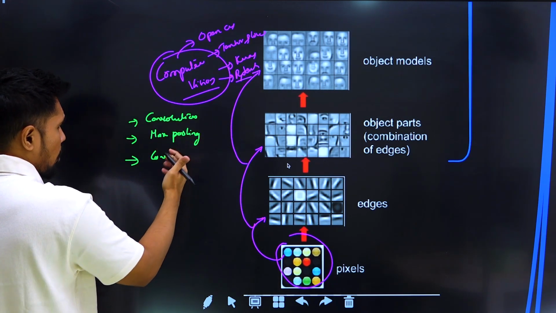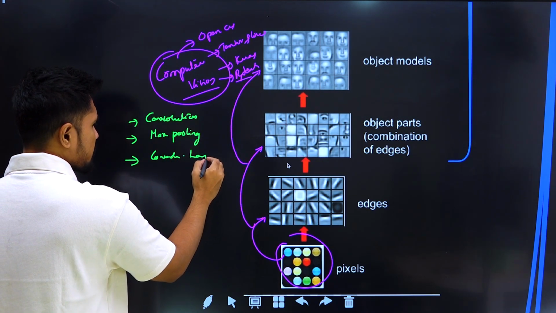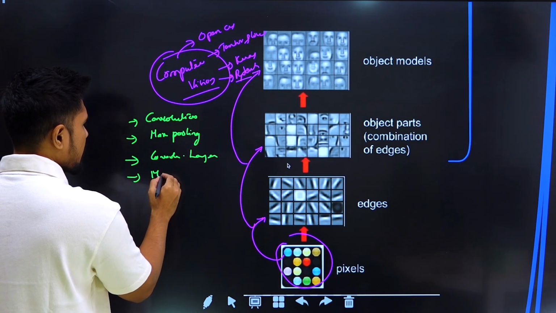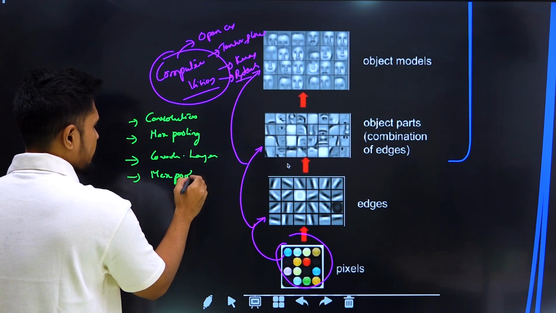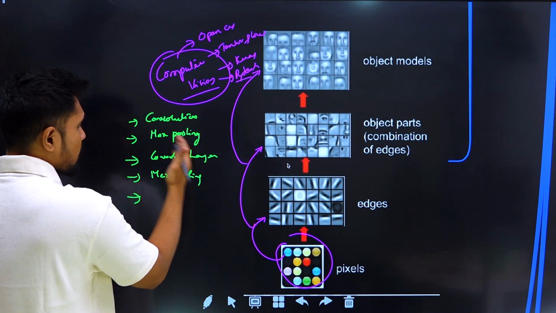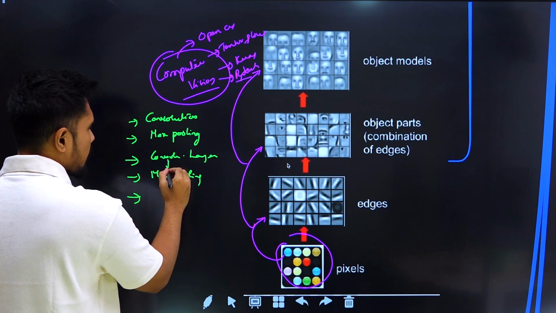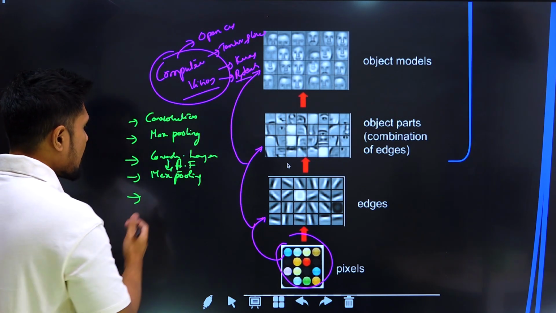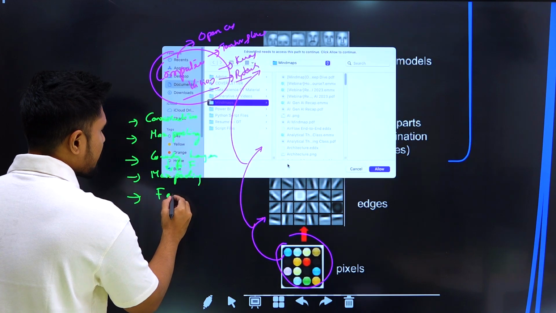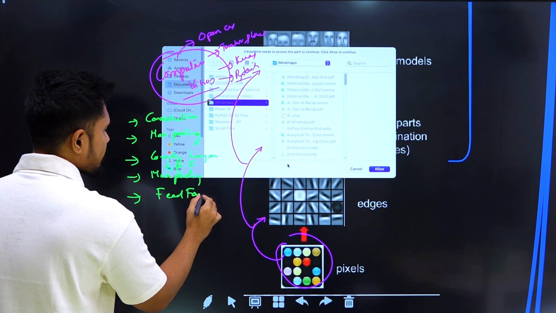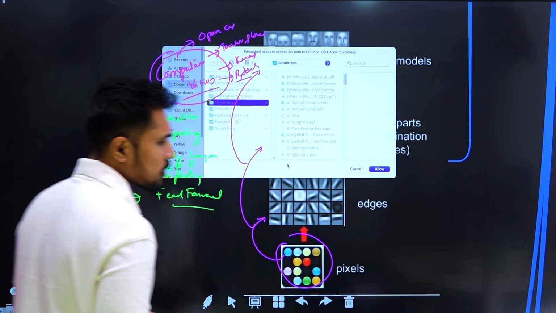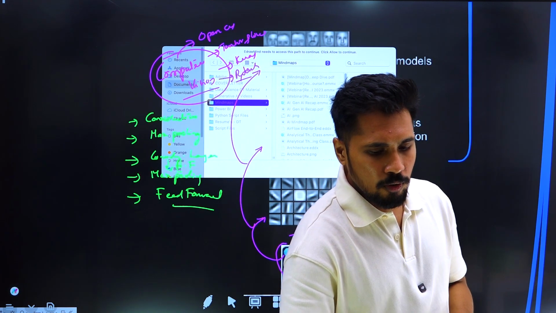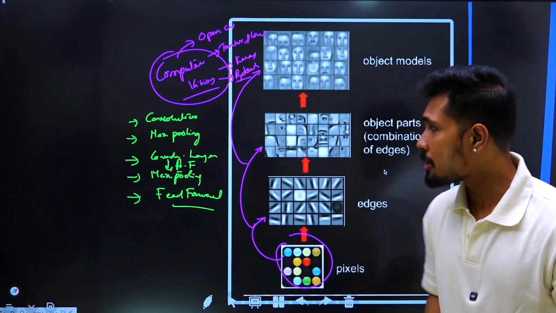In this way, we'll be having a combination of convolution layer and max pooling layer, with activation functions between them, such as the rectified linear unit, and then you will be having a feed forward layer. This is called a neural network, which is a feed forward layer. So in this way, you will be having these types of layers in your CNN algorithms.